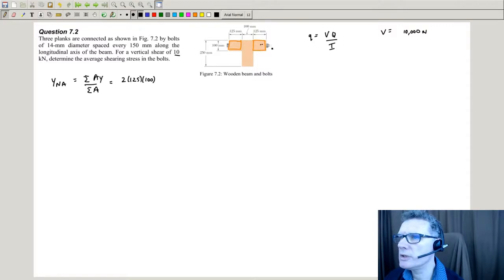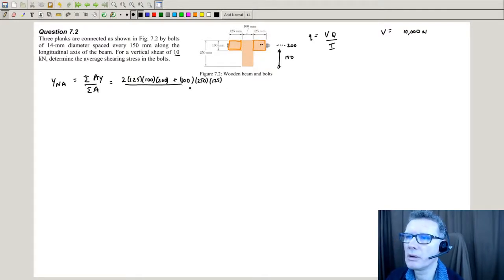Its centroid is going to be what? This distance is 150, so that would be 200 to get to there. So 2 of them, and next one is going to be 100 and 250 height. Its centroid is 125, divided by the areas.